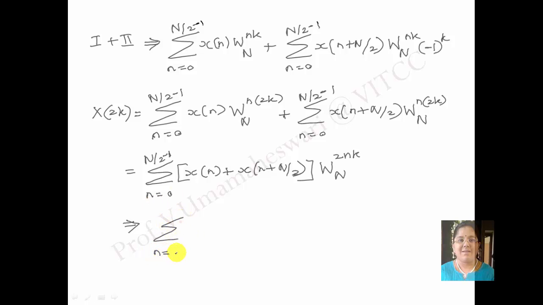We have seen it in DIT also. That will be nothing but W_{N by 2} to the power nk. So you are going to get something like this. So this will be the expression for X of 2k.